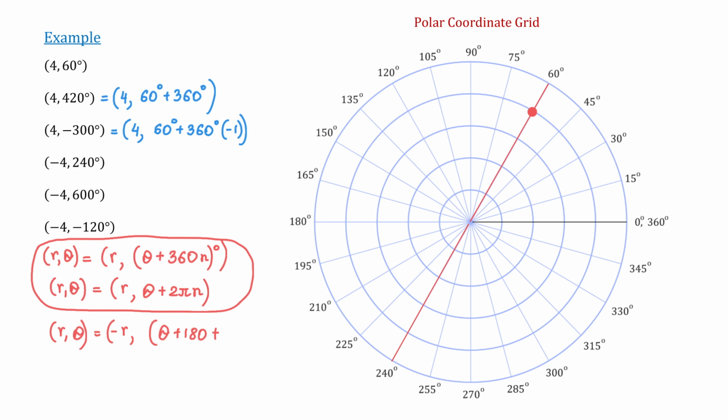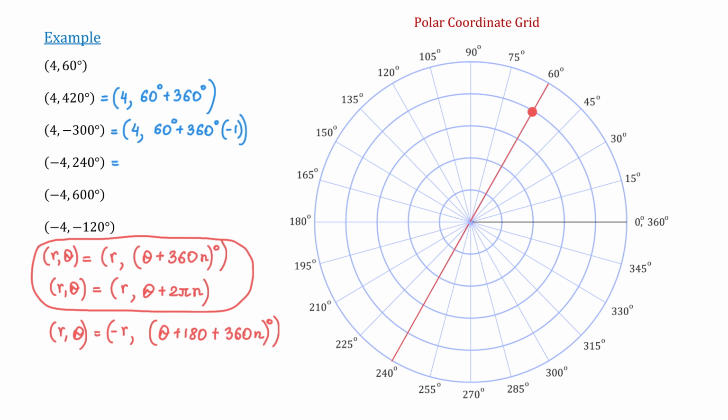Then from here we can add or subtract 360 degrees as many times as we would like. So in this formula we will add 360 degrees multiplied by n, where n is an integer. And this is exactly what we have in these three examples. If initially r was positive 4, in all three examples now r is negative 4.